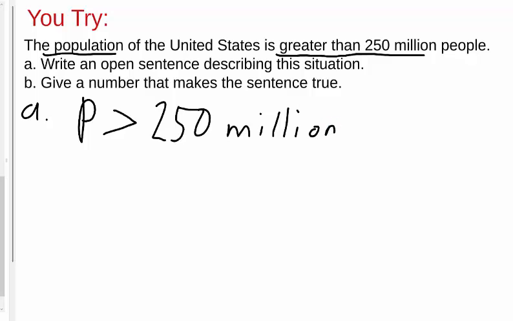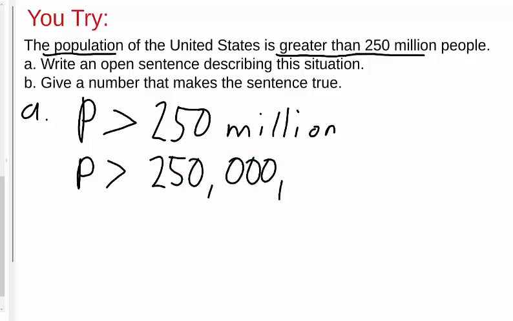Now, if you wanted to be really mathematical about it, you could also, and probably should, write T is greater than 250 million. If it's me, I'd accept A. The first one is fine. Some people want you to write out the number, to show that you know how to write out a number. That's fine. Both work.